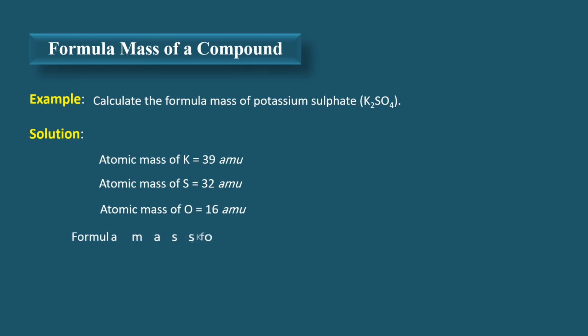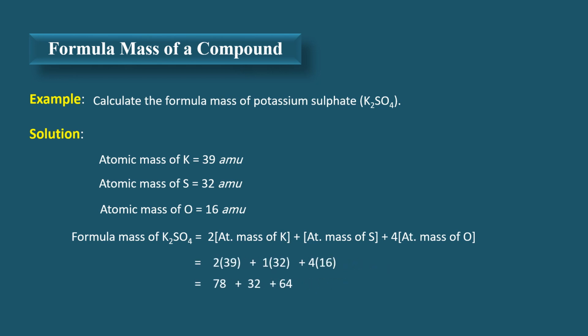So formula mass of potassium sulfate is 2 times the atomic mass of potassium. The atomic mass of sulfur comes only once, and 4 times the atomic mass of oxygen. Putting their values and simplifying, we get the formula mass of potassium sulfate is 174 AMU.